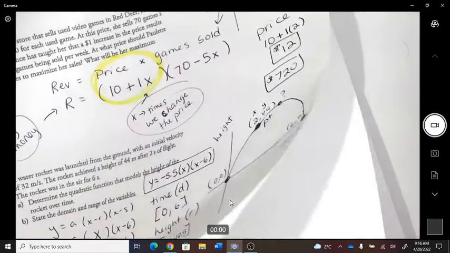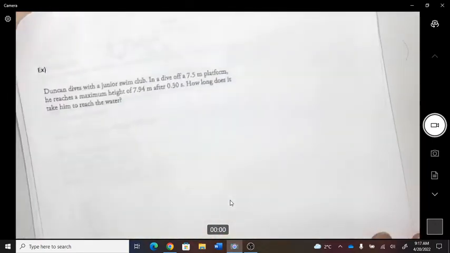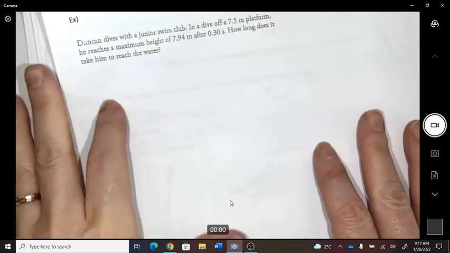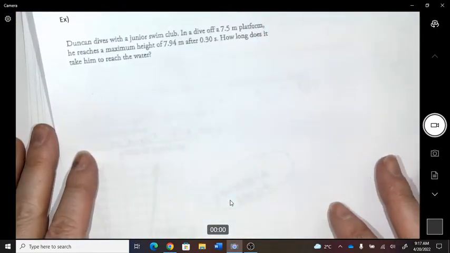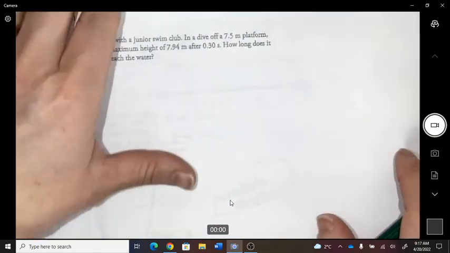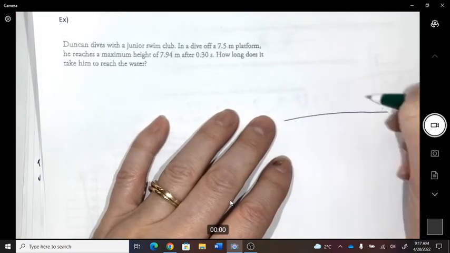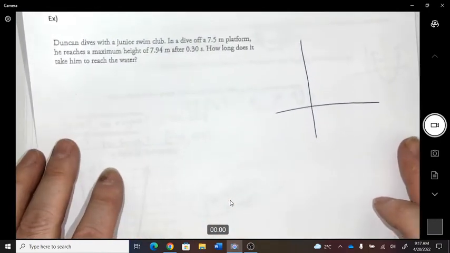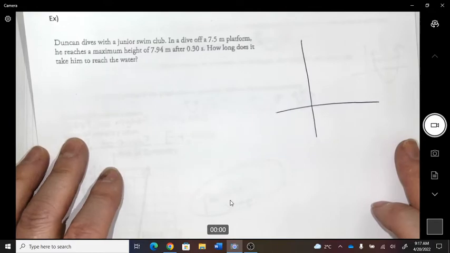Okay, let's go one more today and I'll let you work. Let's go to the last one. Okay, we have somebody going off of a diving board. Here's what's happening.